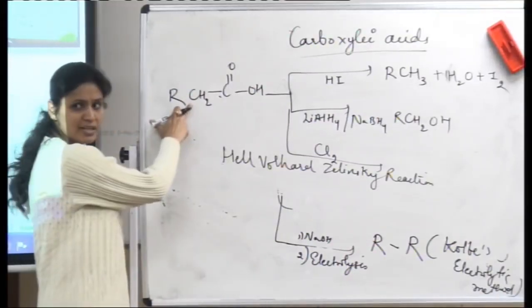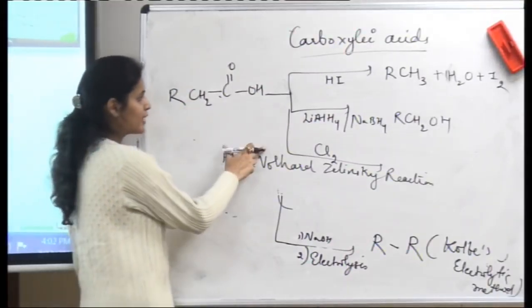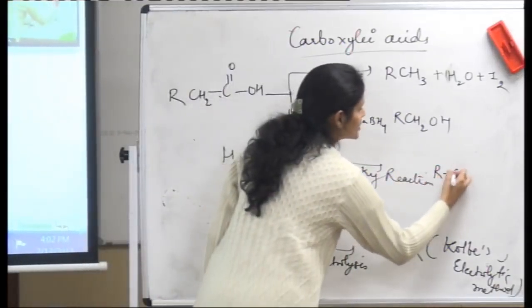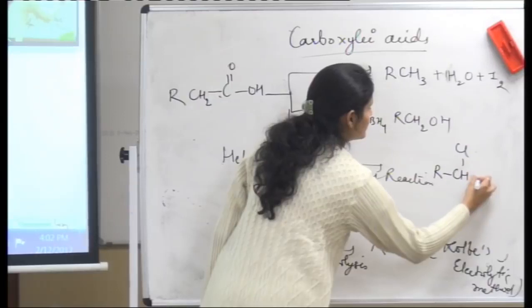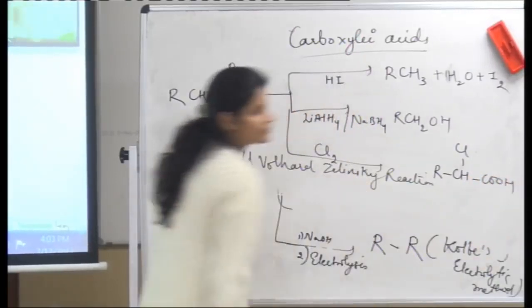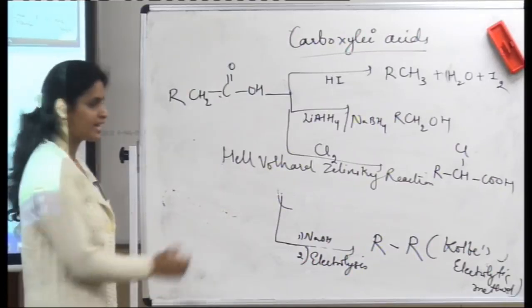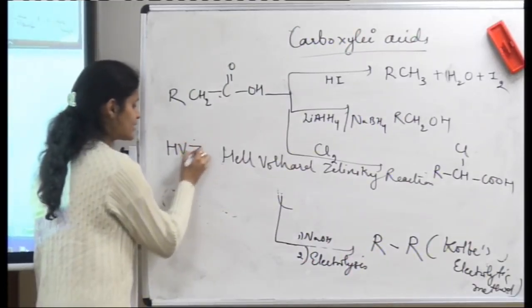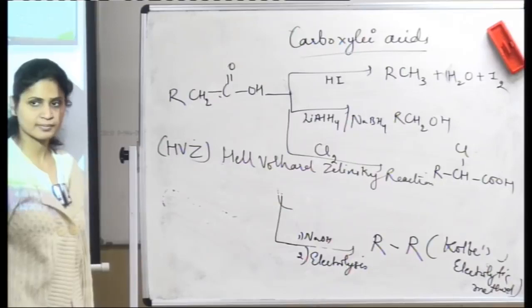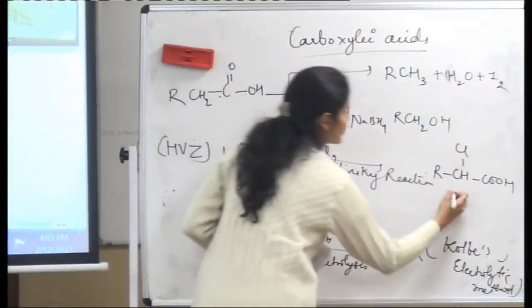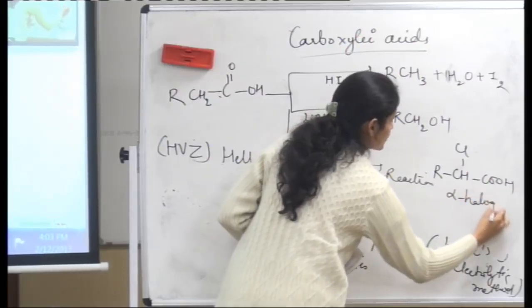This is the alpha carbon. So what will be the product? It will result in the alpha halogenation. So it would be RCHClCOOH. This reaction particularly is known as Hell-Volhard-Zelinsky reaction, which we usually abbreviate as HVZ reaction. Right? For alpha halogenation.